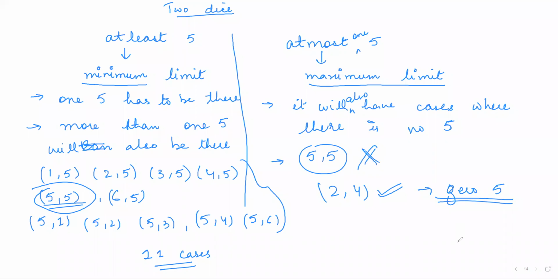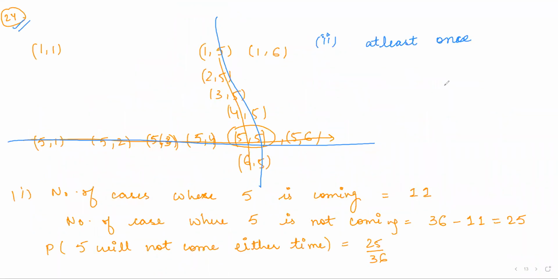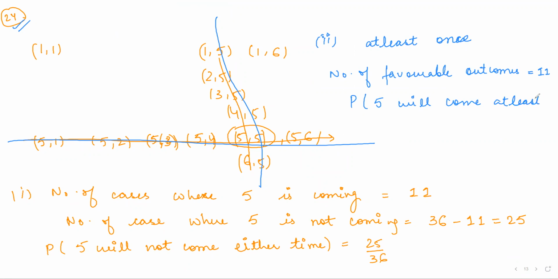If I come back to my question, at least once means the number of favorable outcomes are how many? 11. So the probability that 5 will come at least once is 11 divided by 36.